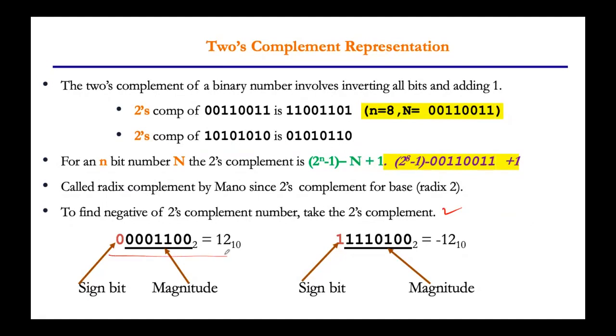The signed magnitude for the given number 12 is this. For its negative, the sign bit is 1, the remaining bits are inverted, and then you add 1. All zeros become ones, all ones become zeros, and then add 1. That gives you this result, which is the negative.